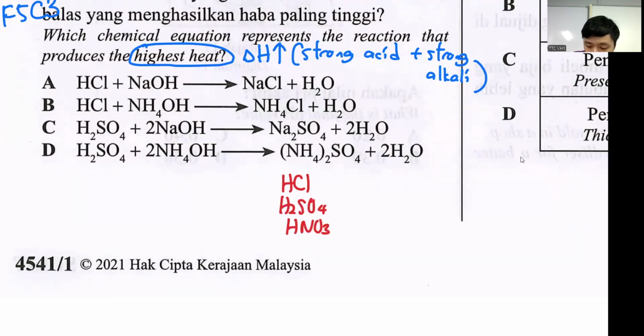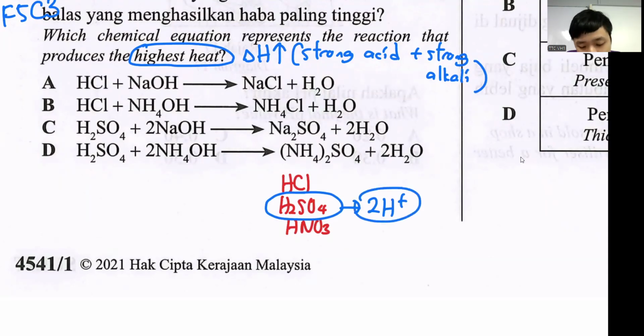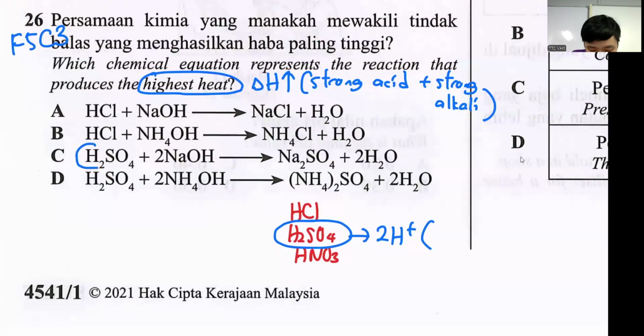But actually, sulfuric acid H2SO4 can produce 2H plus, which is called a diprotic acid, right? So the more H plus you can produce, the higher the total heat energy released. So normally it's C.